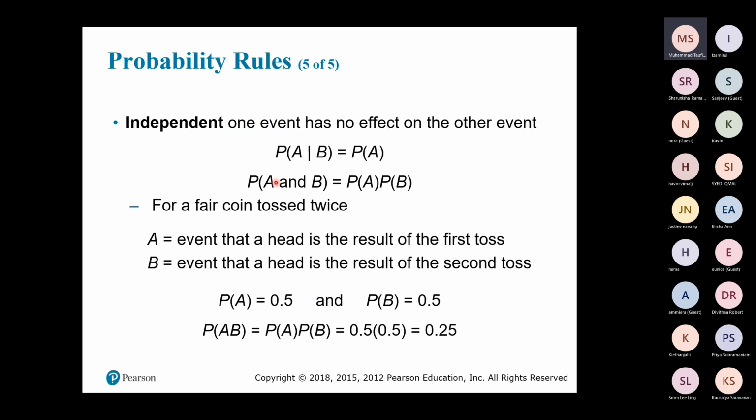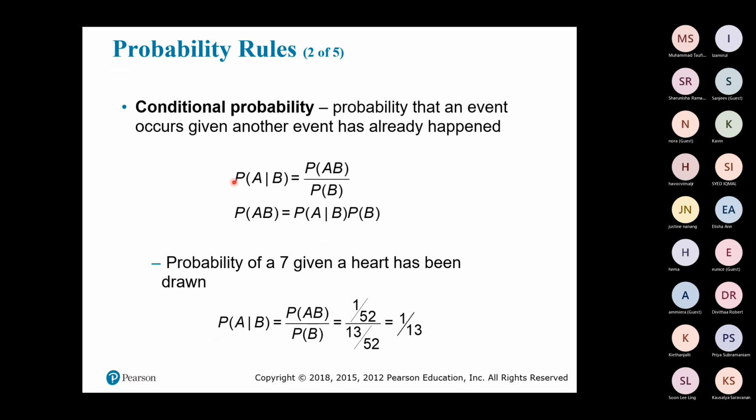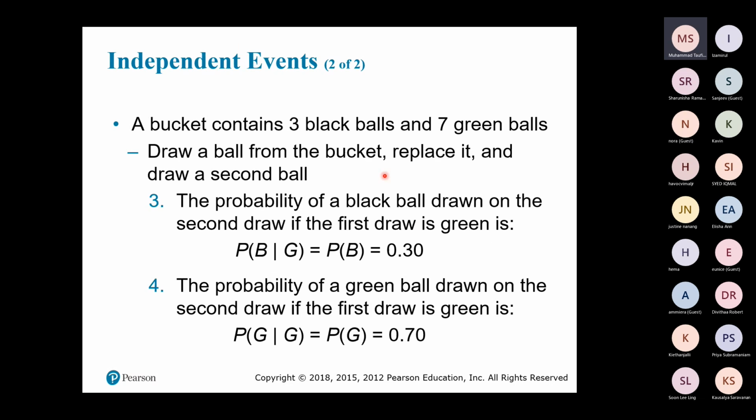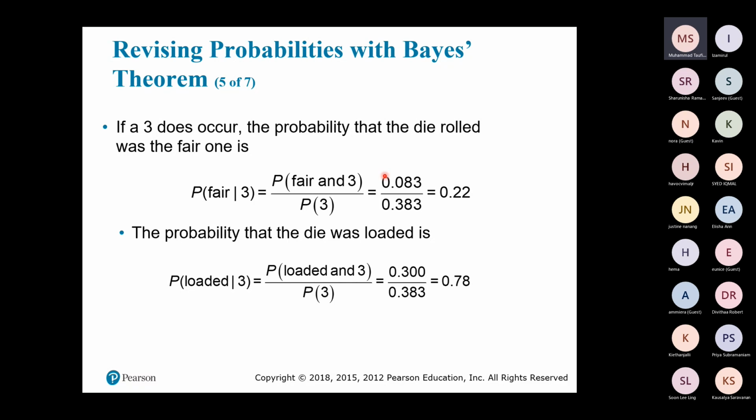Conditional probability A happen because of B is equal to probability of A and B happen divided by probability of B. Jadi apakah kemungkinan dadu normal kita baling dapat nombor 3.